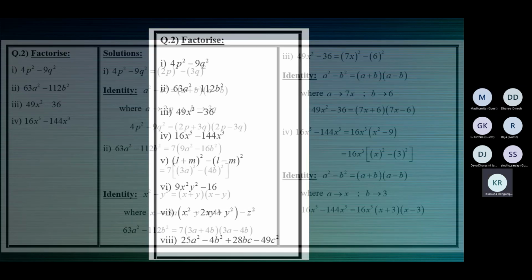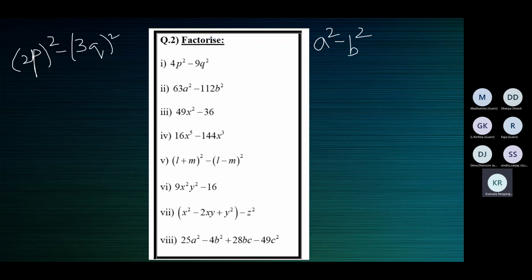How many are there on this slide? 4. The first 4 and then I'll show you the slide. 4p square minus 9q square can be written as 2p the whole square minus 3q the whole square. And they are of the form a square minus b square. So the answer is a plus b into a minus b, that is, 2p plus 3q into 2p minus 3q.